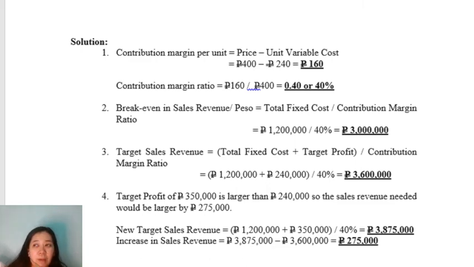Meaning here, if the company wants to achieve 350,000 operating income, they should have the sales figure of 3,875,000. So again, this is higher by 275,000 compared to number 3. Okay, so that is for the contribution margin approach.